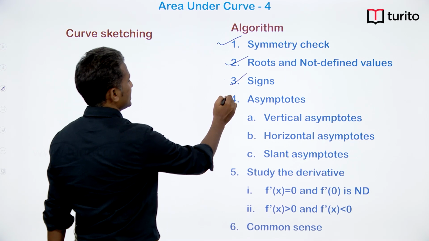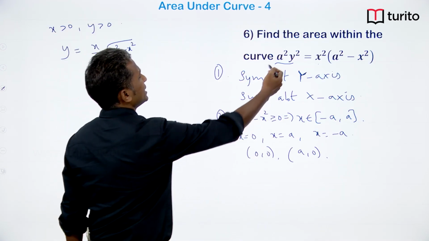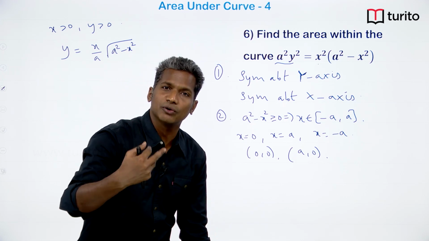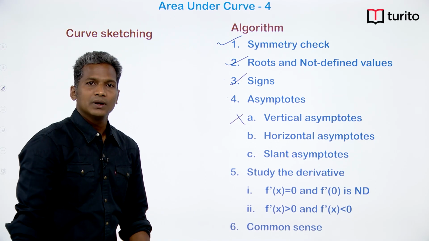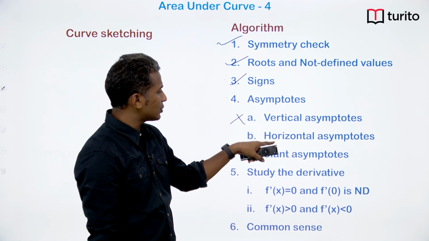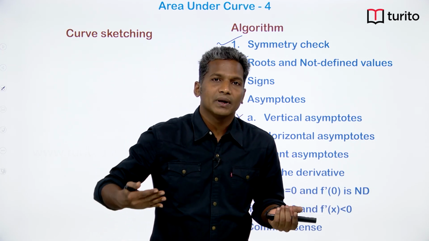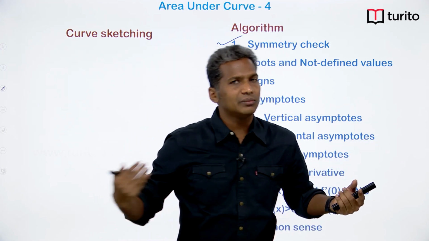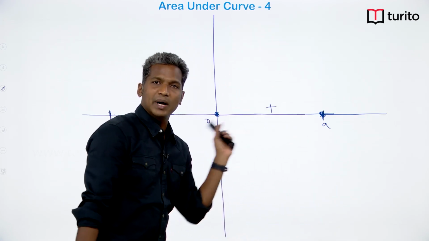Next, asymptotes. To get the vertical asymptotes, check if there is any value which will give us a 1 by 0 form. There is no such value, so no vertical asymptotes. To get horizontal or slant asymptotes, the function has to be defined indefinitely till infinity and minus infinity, but this is limited at a and minus a.